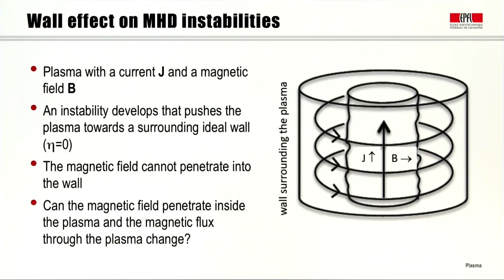Now let's look at the role of the wall surrounding the plasma on MHD instability. You consider a plasma column which has a current J and a magnetic field B. There is an instability that develops and pushes the plasma towards the surrounding ideal wall. The resistivity of the wall, eta, is 0.